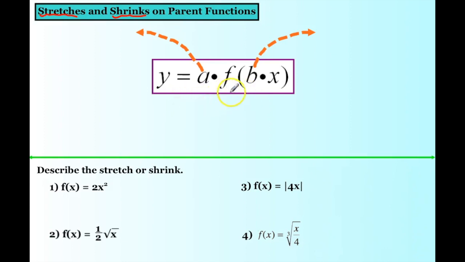So how does this work? We'll start with inside the argument. So this is inside the argument. Inside the argument, if you multiply by a number, that is going to cause, again inside, a horizontal stretch or shrink.